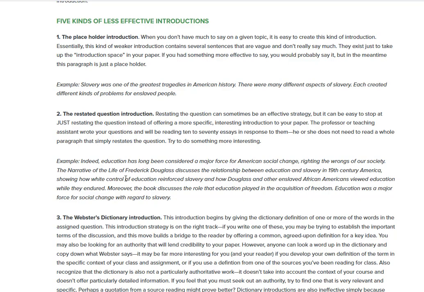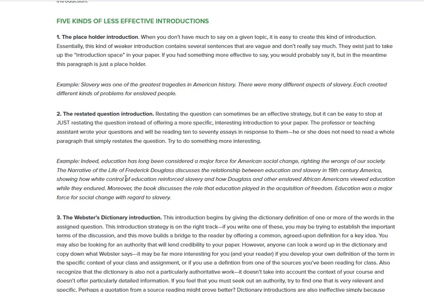Example. Slavery was one of the greatest tragedies in American history. There were many aspects of slavery. Each created different kinds of problems for enslaved people. This is too general and kind of on a tangent, since the paper has to do with Frederick Douglass and education.